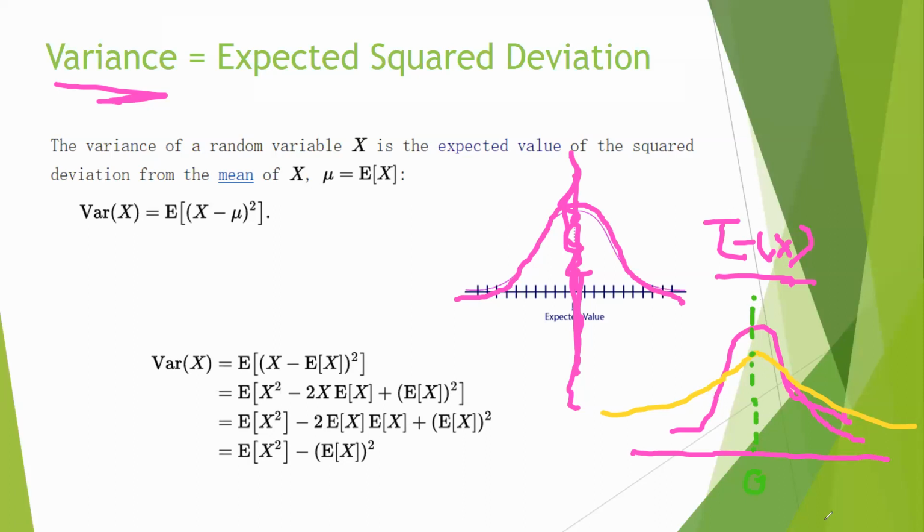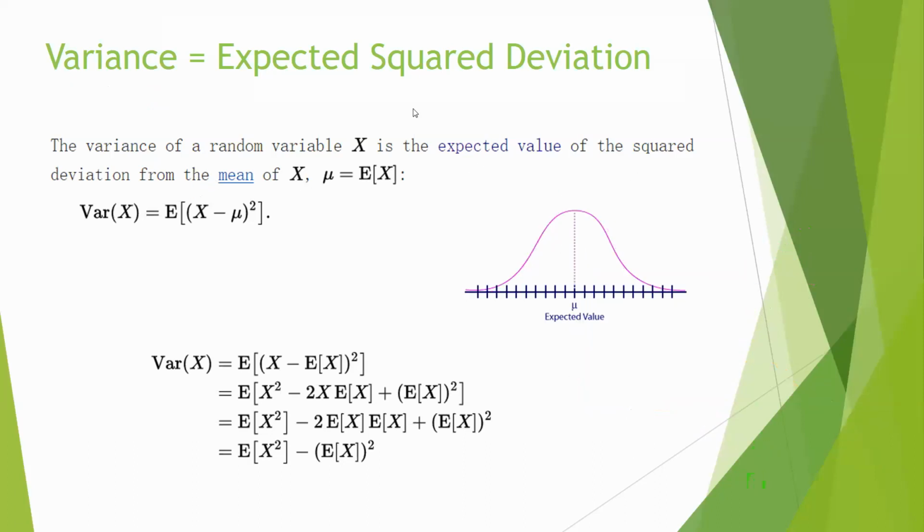No, because these two distributions have a different feature in terms of the spread, right? So the yellow one has a large variance, and the pink one has the smaller variance. So remember, when you want to describe a distribution, you have to consider the central tendency, which is the expected value, and the variance, which is the measure of the spread.